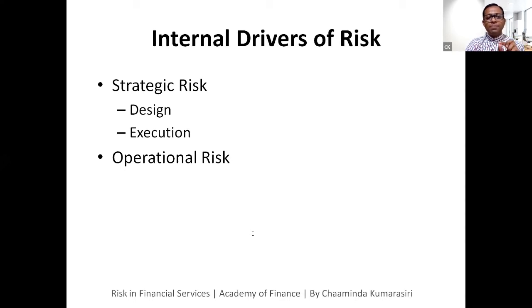So it's not about the absence. You have a process, but it is not adequate to cover the risk. Then you have a process and it fails, right? So the risk of losses arising from inadequate or failed processes, people, systems, or external events. So there are four things: processes, people, systems, or external events.